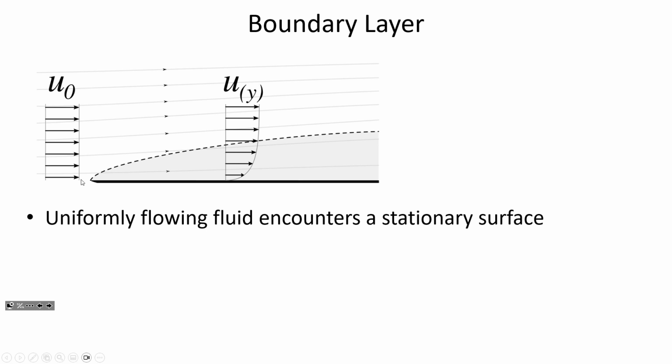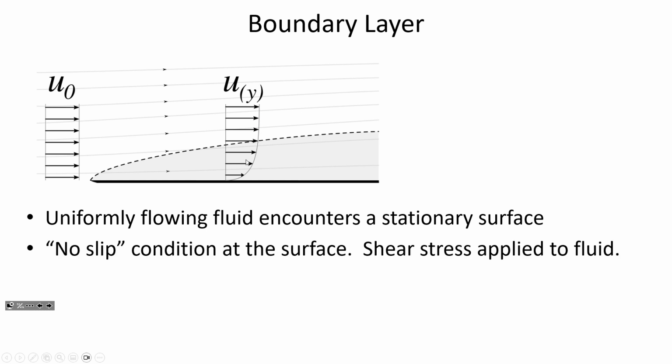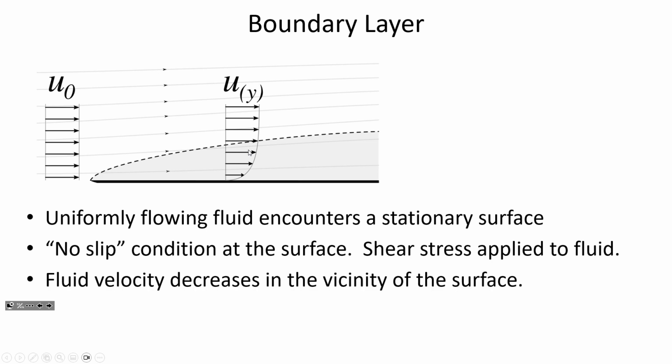But when the liquid encounters this plate, the fluid that's right next to the plate is moving much more slowly, and here is a velocity distribution where the velocity is 0 at the surface itself, and as you get further away, the velocity is increasing as you get further from that stationary surface. So at the surface itself, it's not slipping because a shear stress is applied by the plate to the fluid, and the velocity is decreased in the vicinity of the plate, such that we may have laminar conditions.